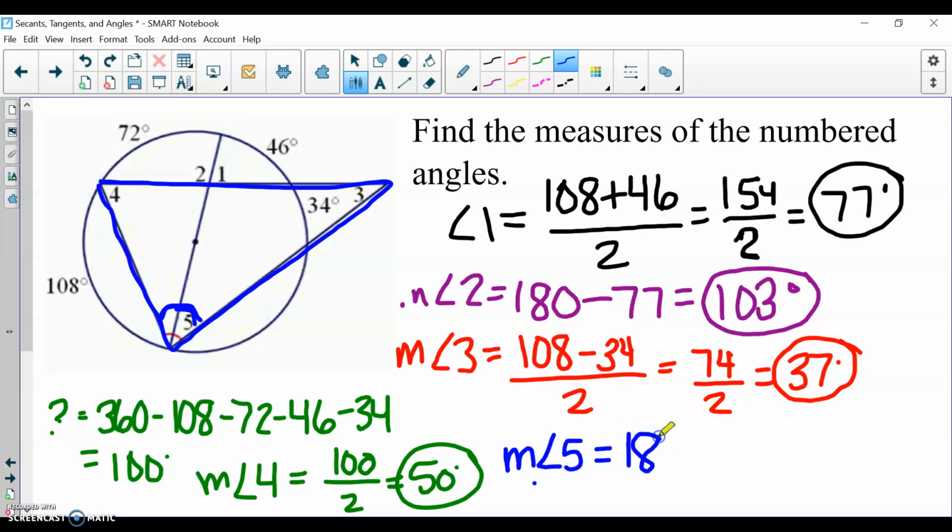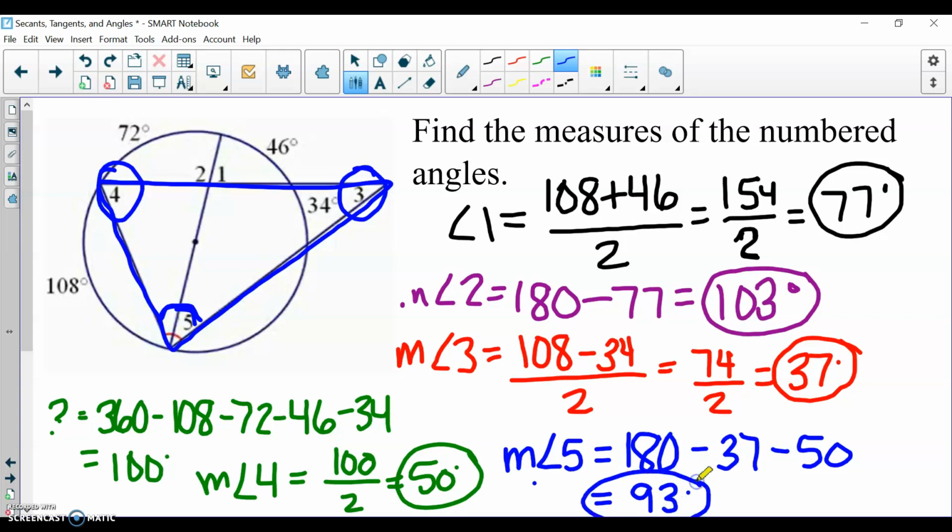All angles in a triangle add up to 180 degrees. So we can subtract our angle 3, subtract our angle 4, and then we'll be left with angle 5. So our angle 3 we said was 37. Angle 4 we said was 50. So when we take 180 minus 37 minus 50, we end up with 93 degrees.